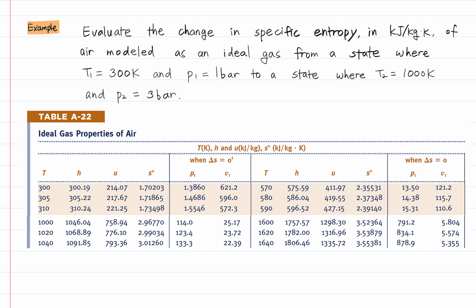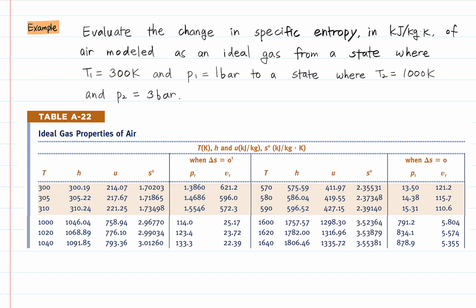Let's see this example. Evaluate the change in specific entropy in kilojoule per kilogram Kelvin of air modeled as an ideal gas from a state where T1 is 300 Kelvin and P1 is 1 bar to a state where T2 is 1000 Kelvin and P2 is 3 bar.